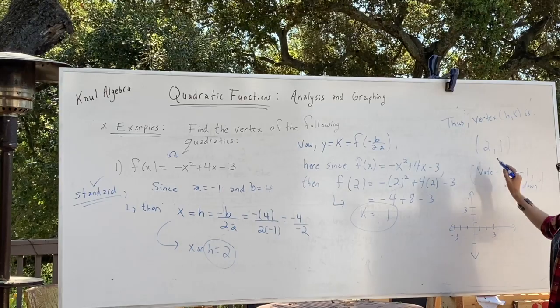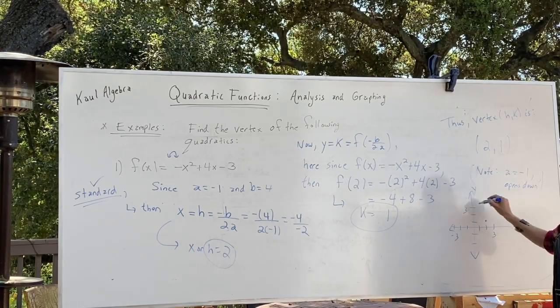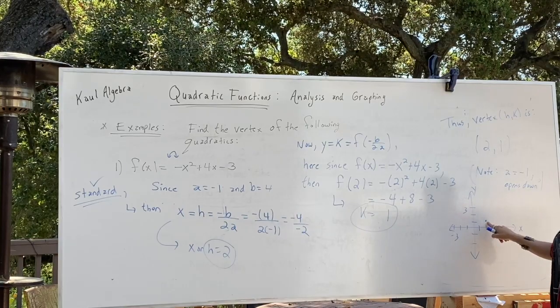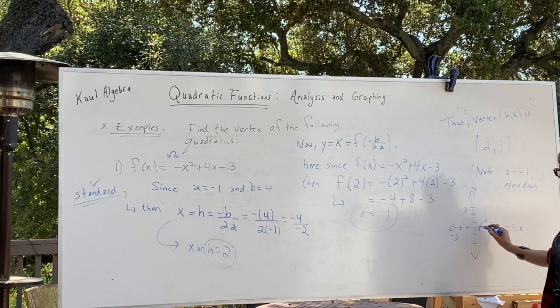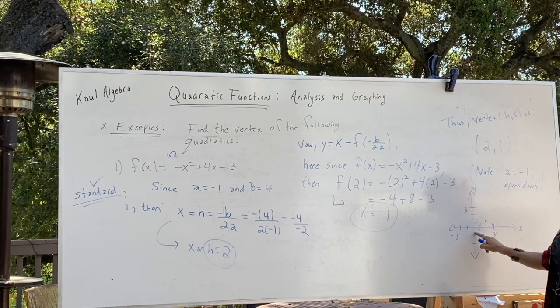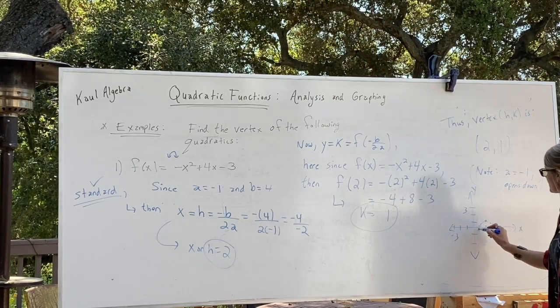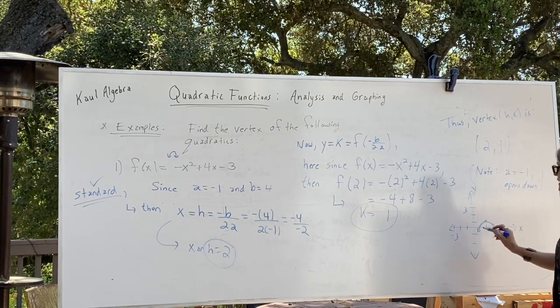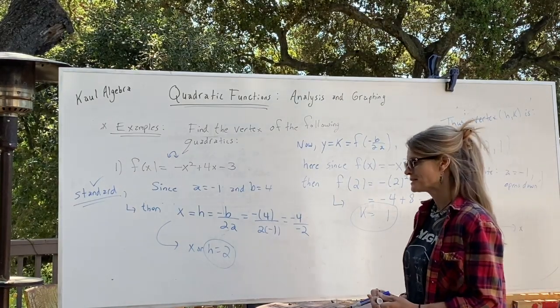You could see that (2, 1), according to my scale, is approximately right here. Then this opens downward, and it'll cross the x-axis in two places, which will be the x-intercepts. That just gives me a little rough sketch of what's going on. That's how you use the formula to do this.